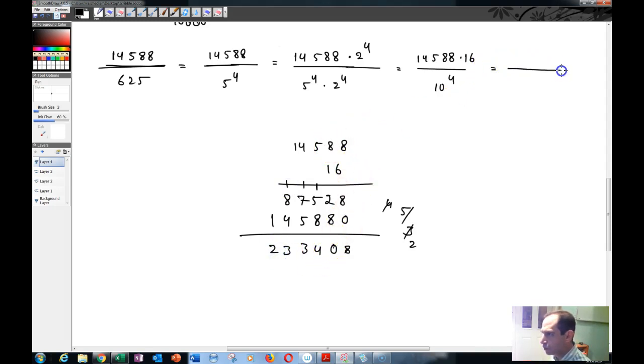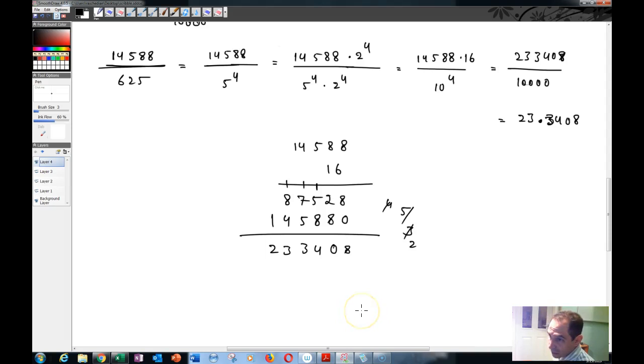So that's equal to 233,408 divided by 10,000, and that's the same thing as basically 23.3408. Okay, that's basically that.